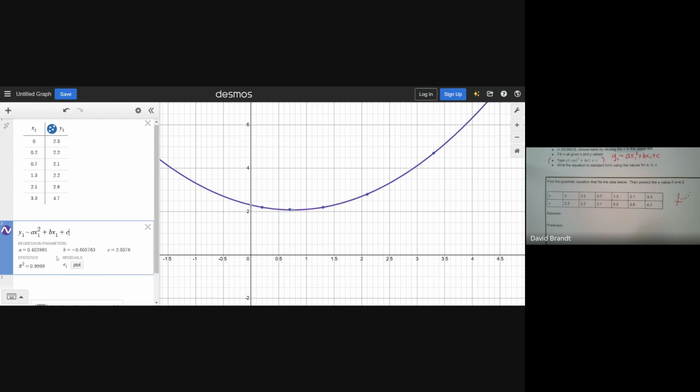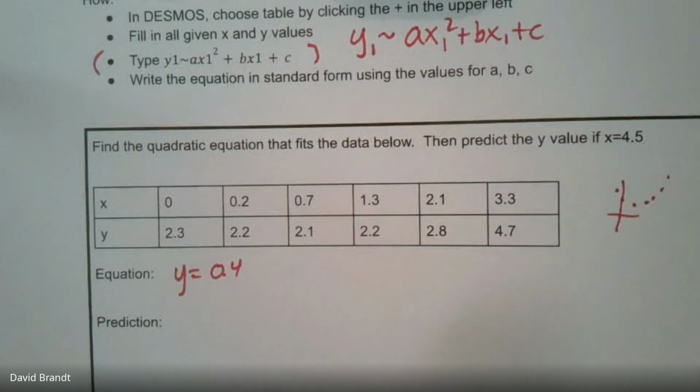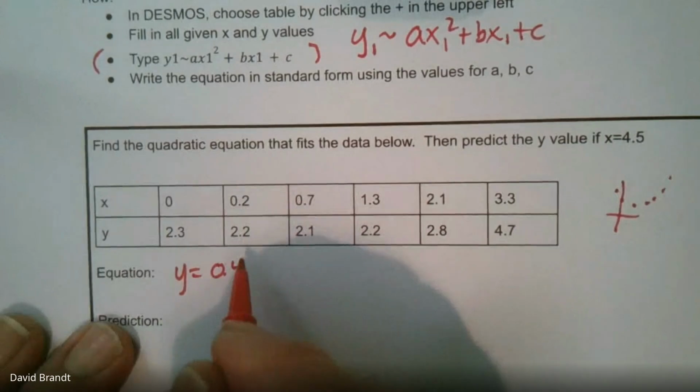Now, here are the numbers for A, B, and C here. I'm only going to write those to the nearest 10th. So I'm going to write it on my paper, and then I'm going to show you what it looks like. Let's switch back over. So it's going to be Y equals 0.4 x squared.